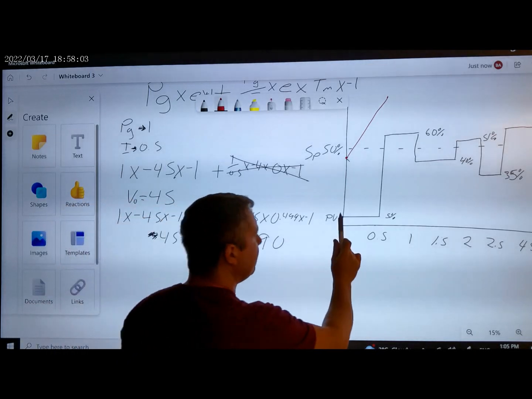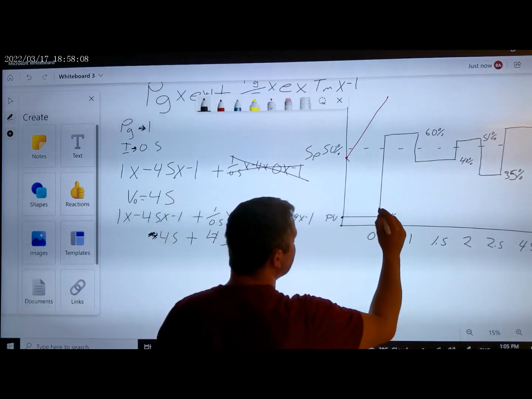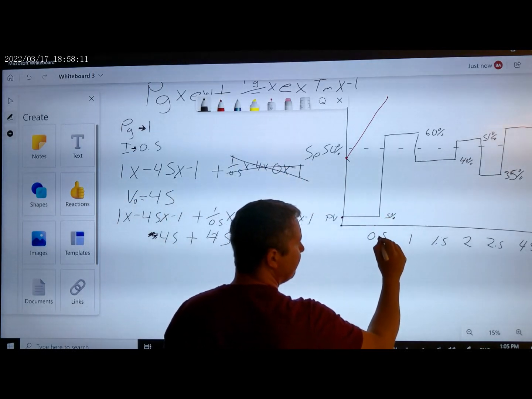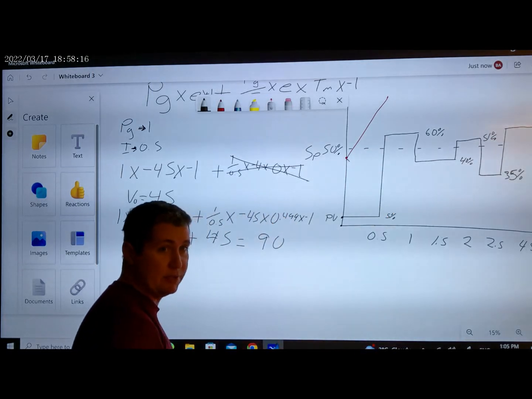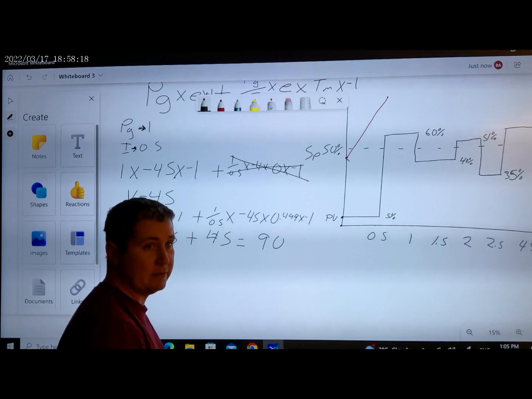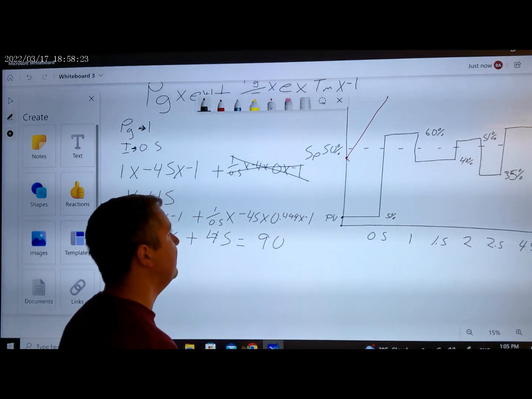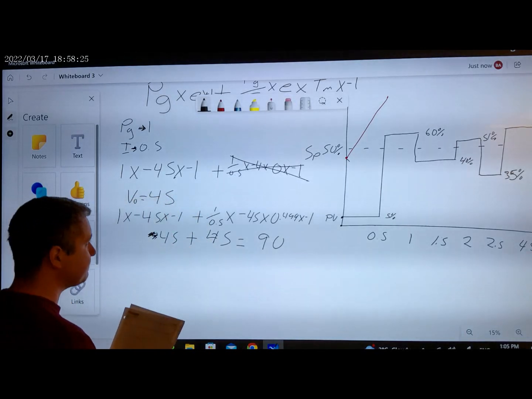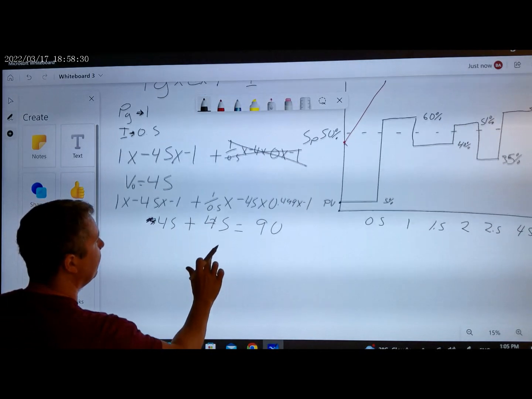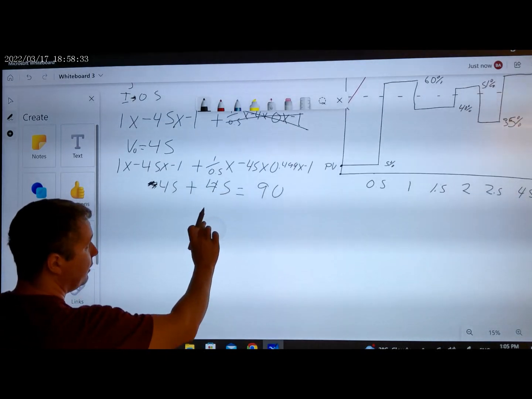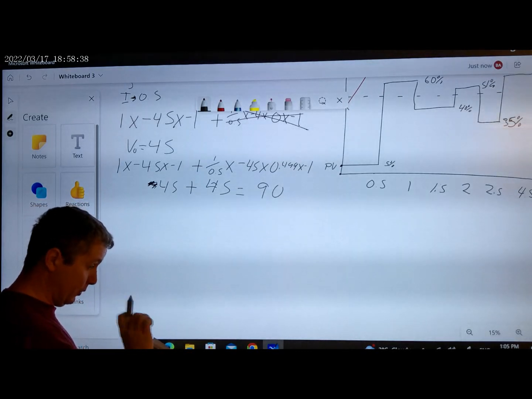Well, now we come and we cross that 0.5 minute mark, our process variable jumps up to 60%. Okay? So now we've gone on the other side of the set point. What that's going to do to us is change our proportional gain portion.